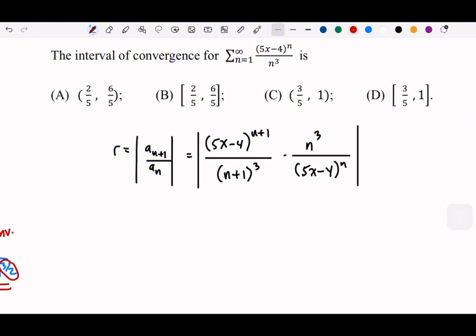Now you see that we can cancel this, and this is expected in most cases. And then the form should be 5x minus 4.